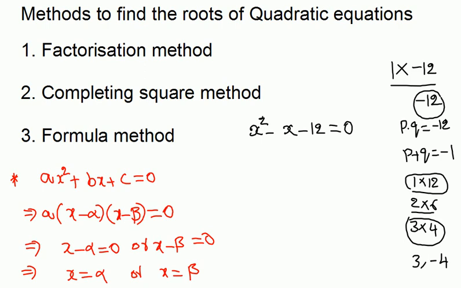Suppose here if coefficient of x square a and the constant term c is multiplied, you got a positive number. Then you need to find the factors for AC. Try to find out the sum of those two factors, okay, to get the coefficient of x.